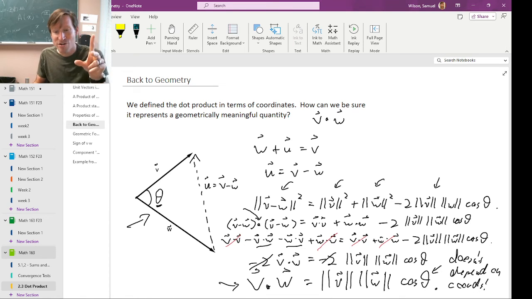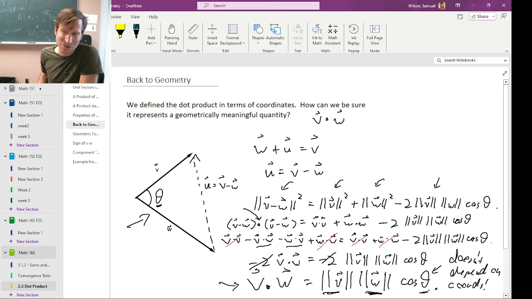Right? If we turn our coordinate system and write v and w in terms of different coordinate systems, well, rotating the coordinate system won't change the length of v, won't change the length of w, and also will not change the angle between them, and so won't change the cosine of the angle between them.